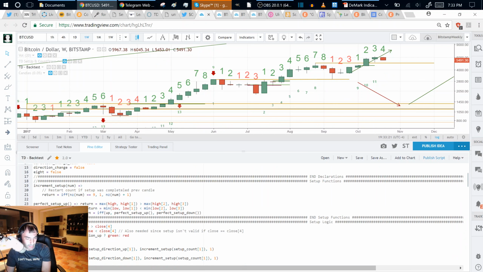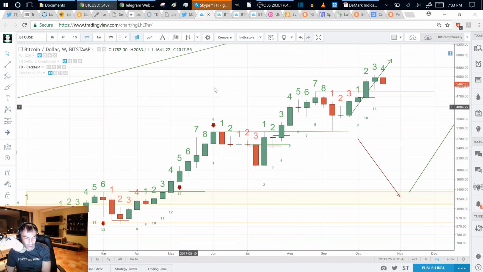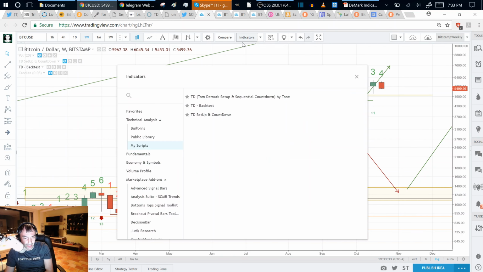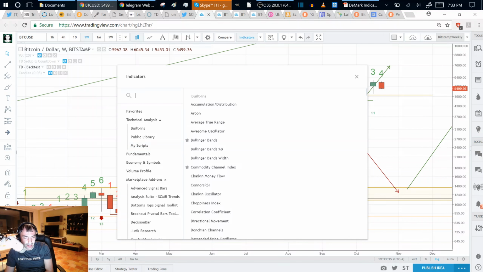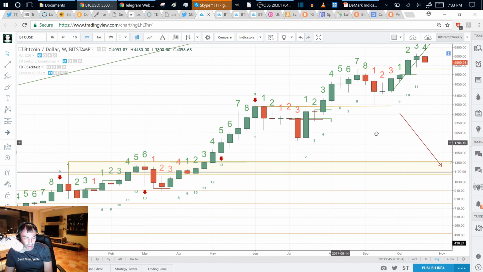So here's the code, and you can program those rules in. Of course, that sounds easier than it really is, and other people have tried to program it as well. If you go to indicators, you can search for it and see what other people are giving away for free. But let's talk about how it's used and the most optimal way of using the code.